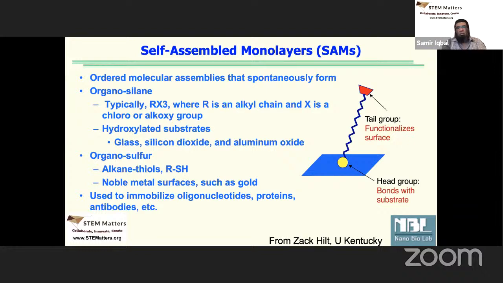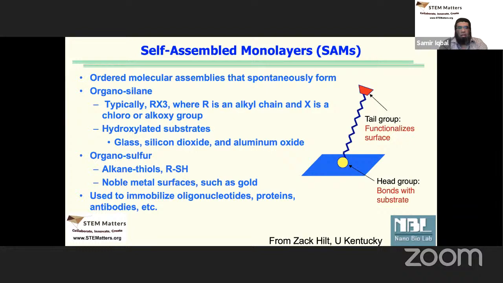There are so many different ways you can design your self-assembled monolayer. Once you put them down, the thiol, because it has more affinity to gold, aligns the molecule so that only the gold side is down, and the other side, the functional group, is on the other side.